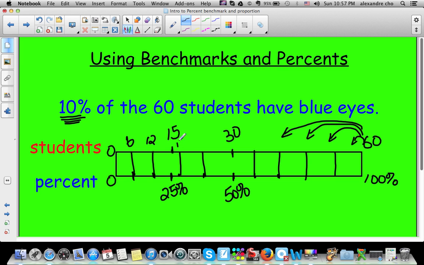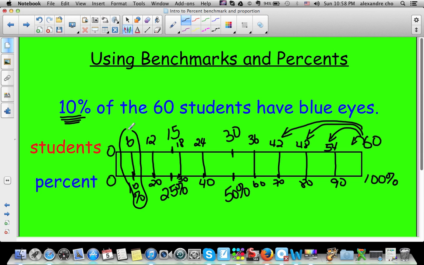This one will be 18, 24, 30, 36, 42, 48, 54, and 60. So that would be 10%, 20%, 30%, 40%, 60, 70, 80, 90. So 10%, which is right here, equals how many kids? 6.